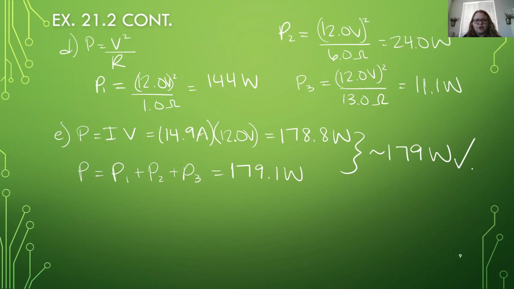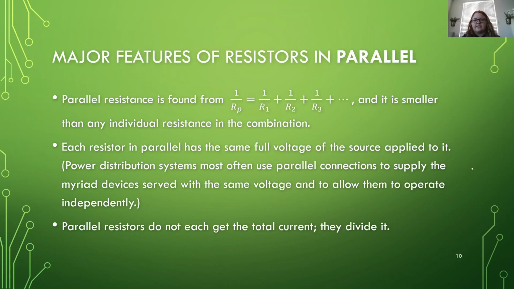All right, so just summing up all the things that we just looked at for parallel resistors. The parallel resistance is found from this equation here. Remember, it's the inverses, and it's smaller than any individual resistance in the combination. Each resistor in parallel has the same full voltage of the source applied to it.